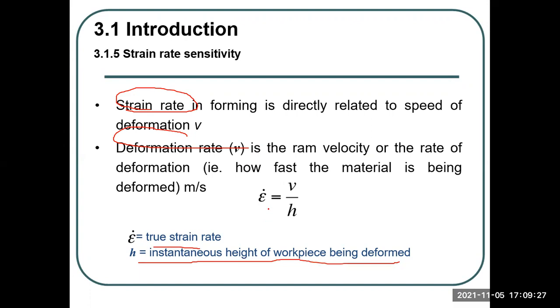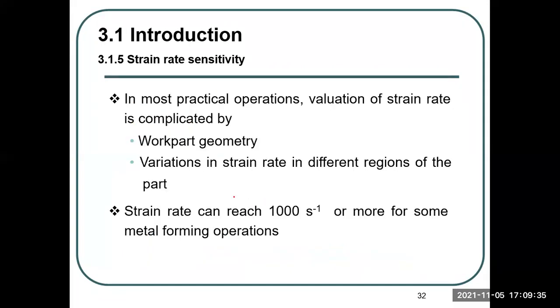As we said before, if you deform in a very fast way, you're going to increase the strains. In most practical operations the strain rate is very complicated to determine, though for this case it's simple.